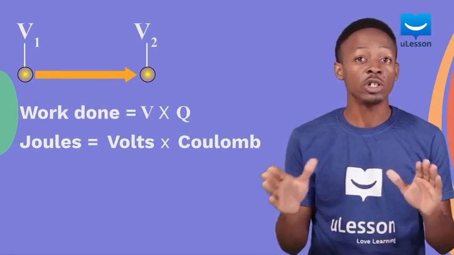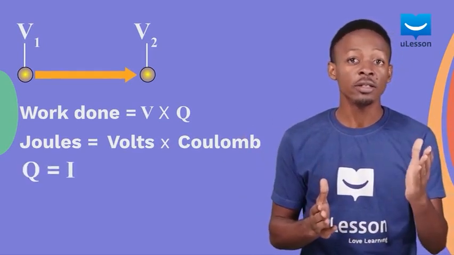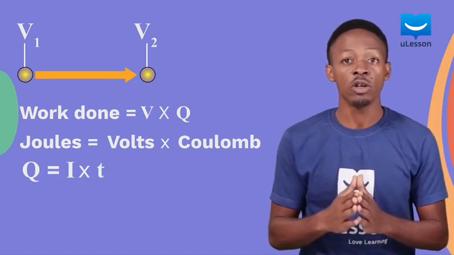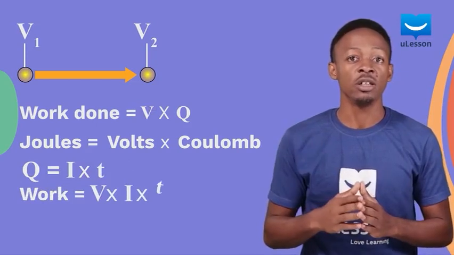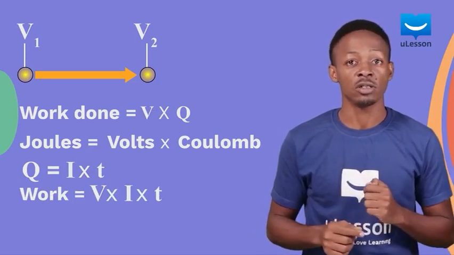Remember also that we just said that the total charge Q is equal to current I times t. Now if we place this into our equation for work, we have work is equal to V times I times t, which gives us our first equation for work done in an electrical circuit.